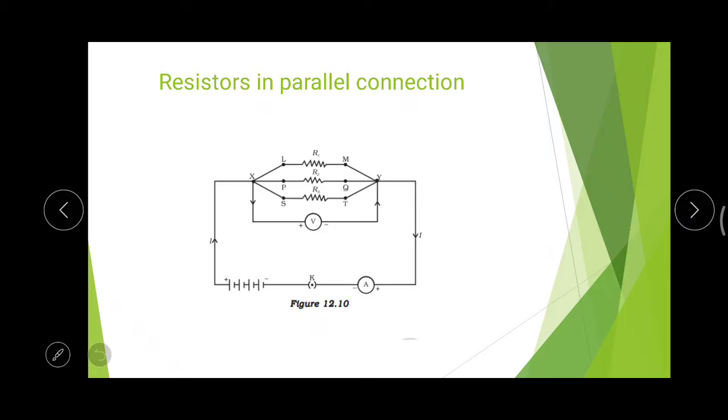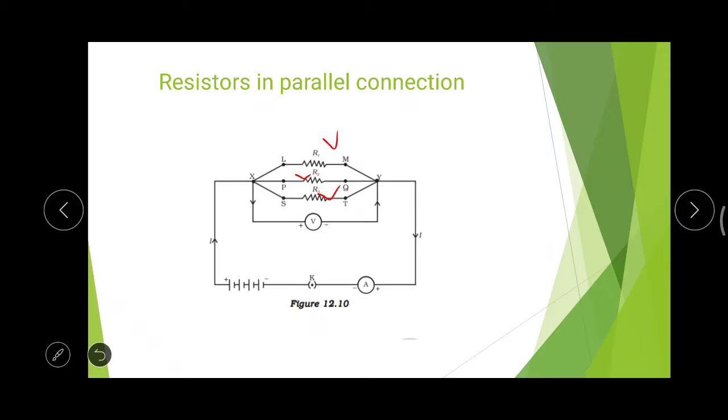So the potential drop across each resistor will be equal only. At R1 it will be V, the potential drop across R2 also will be V, and R3 will be V.